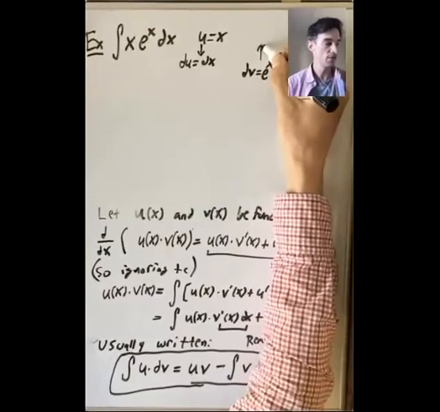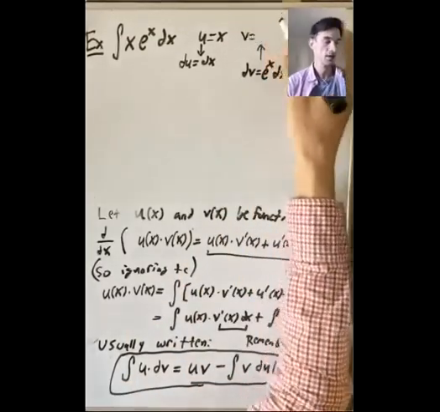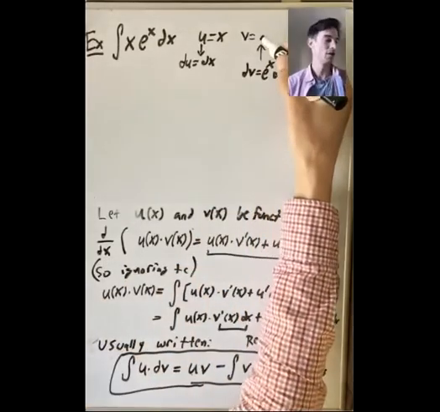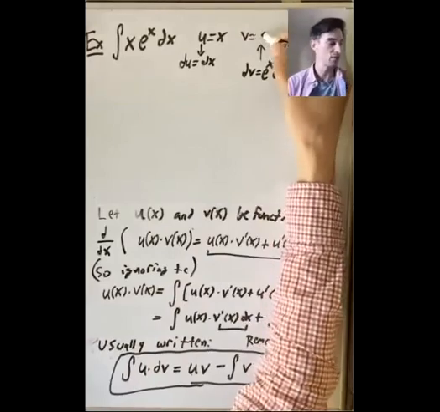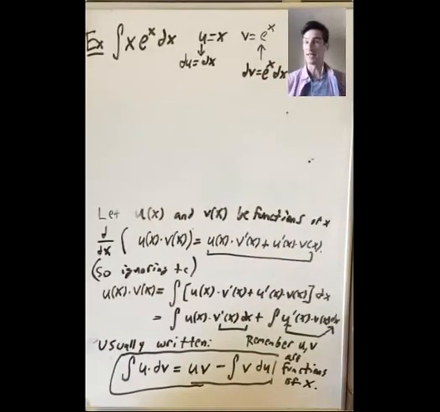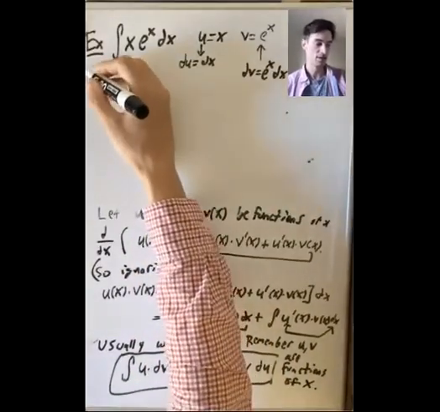So what are we looking for? v should be any function whose derivative is e to the x. So we just write down the simplest antiderivative we can think of for e to the x, which is e to the x.